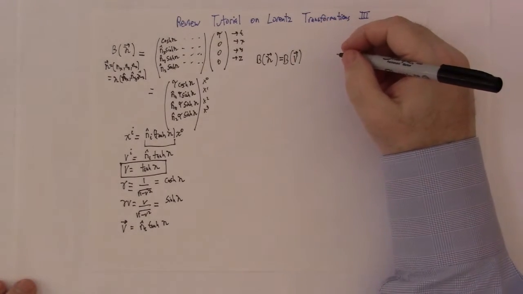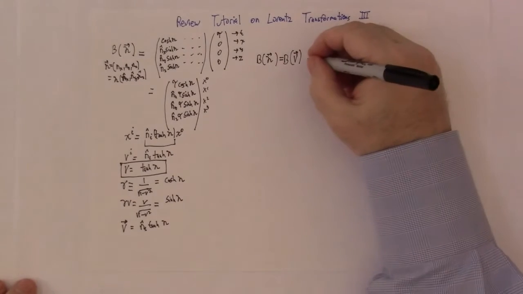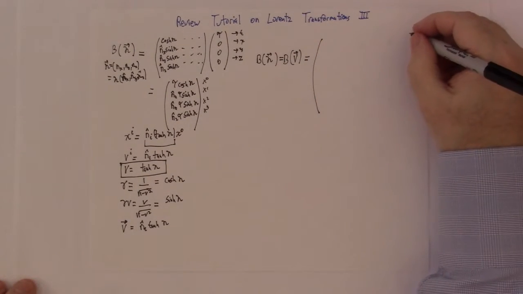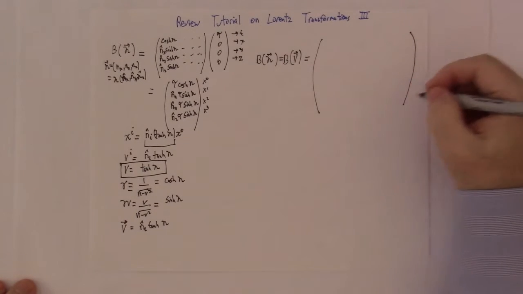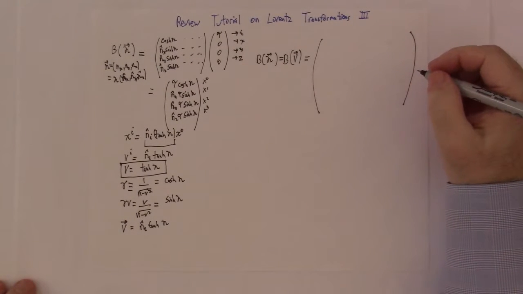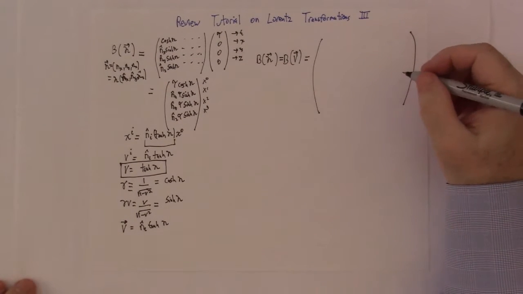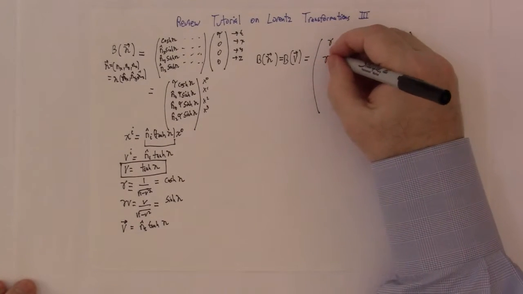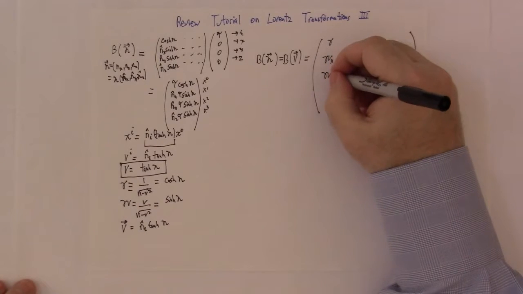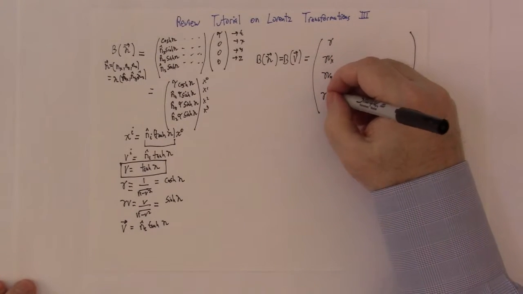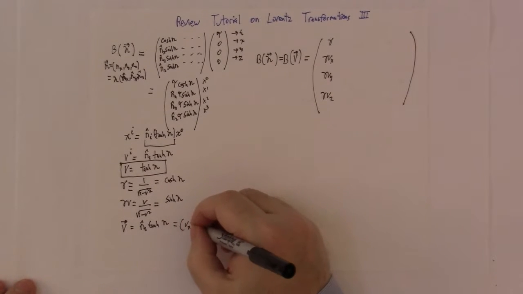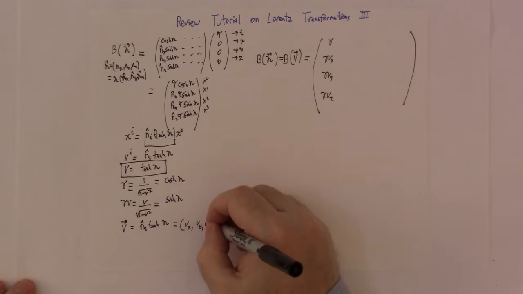We're going to substitute, and this is really the main result of this whole tutorial. It's going to be gamma, gamma Vx, gamma Vy, gamma Vz, where V has components Vx, Vy, Vz.